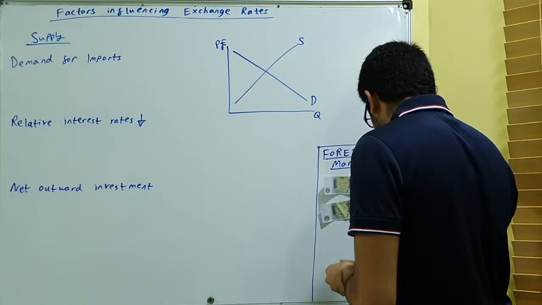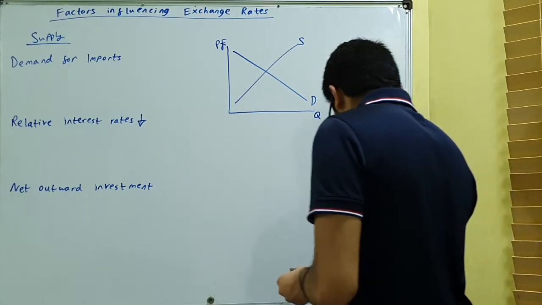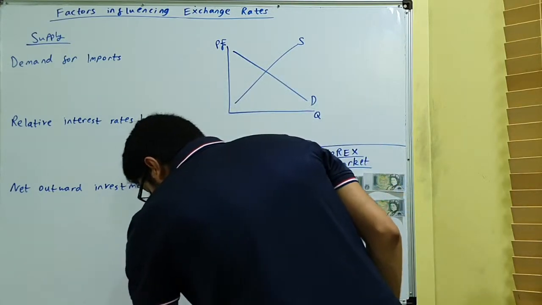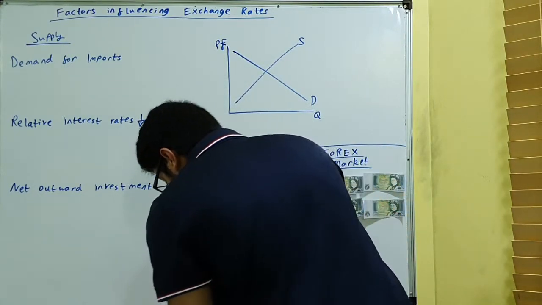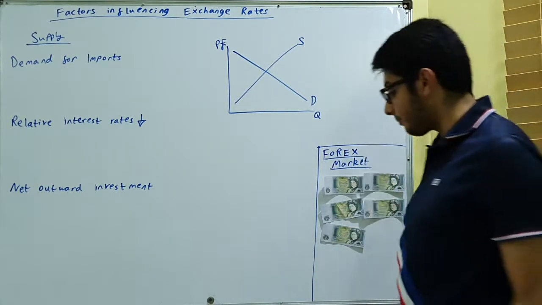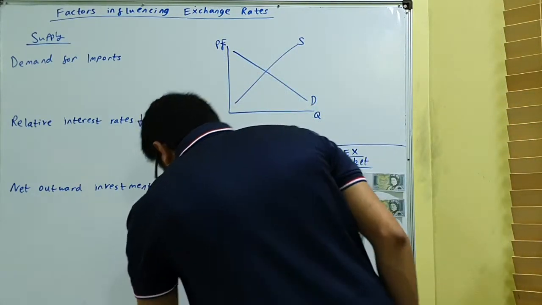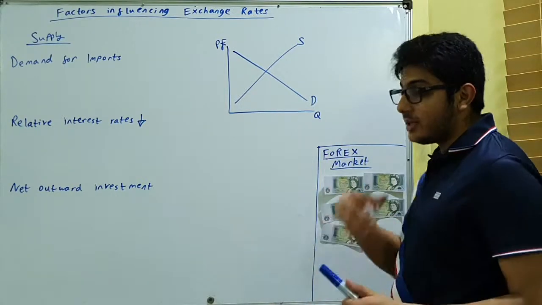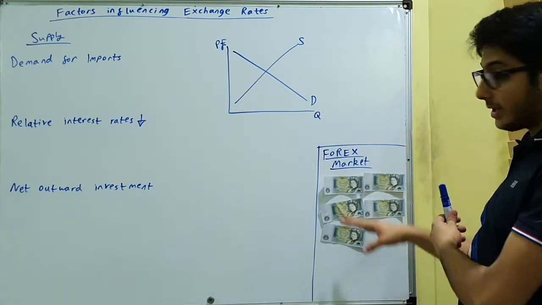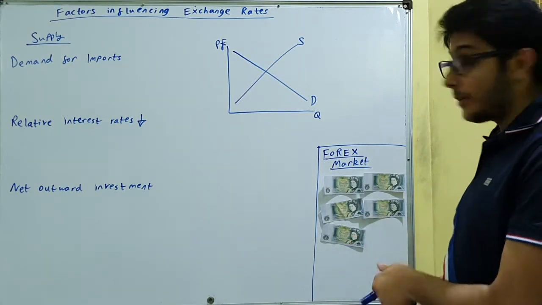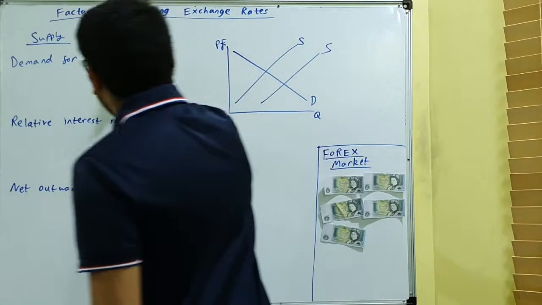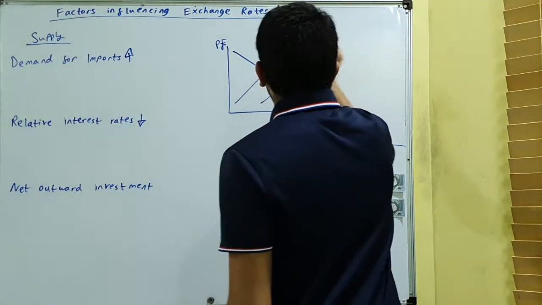So what we do is we release the pound onto the foreign exchange market, increasing the supply of the pound on the foreign exchange market in order to get our dollars in return. Okay? So if we exchange our currency for another, we increase the supply of our currency on the foreign exchange market. Okay, so what that does is it increases supply if the demand for imports goes up, and the exchange rate depreciates.